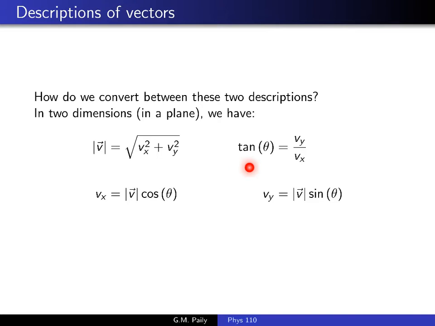Similarly, the tangent of the angle theta would be given by vy over vx. Again, using that triangle, we can see that Vx would be the magnitude of V times cosine of the angle, because the magnitude of V is the hypotenuse. And similarly, Vy would be magnitude of V times the sine of the angle, because again, the magnitude of V is the hypotenuse.